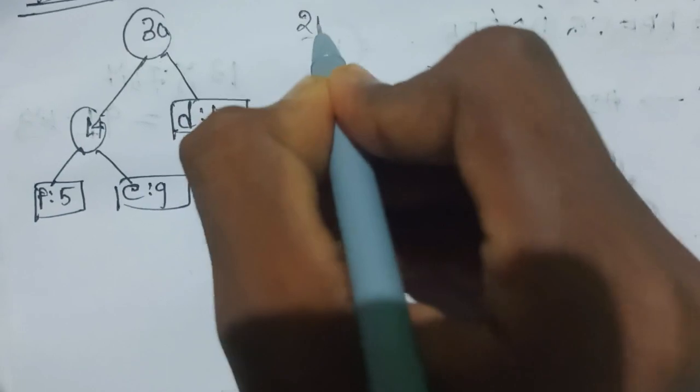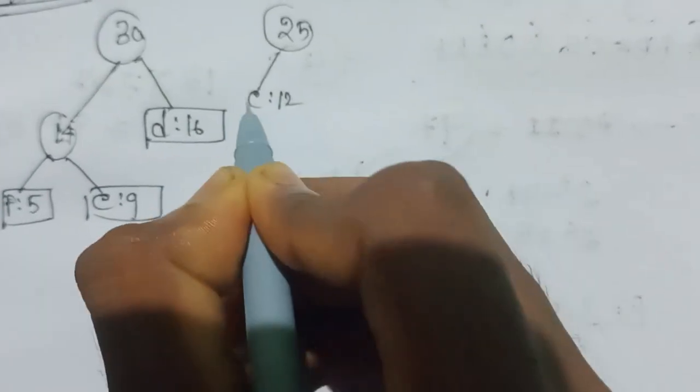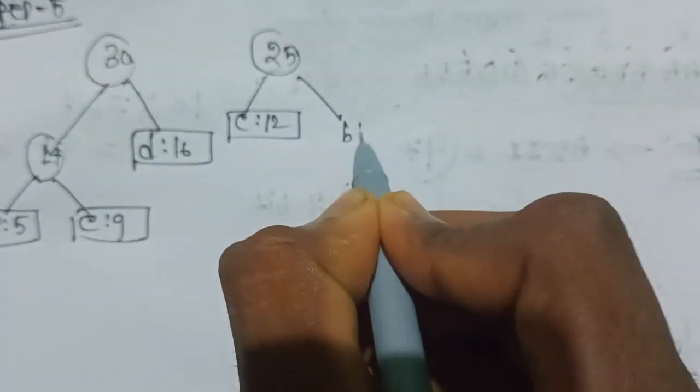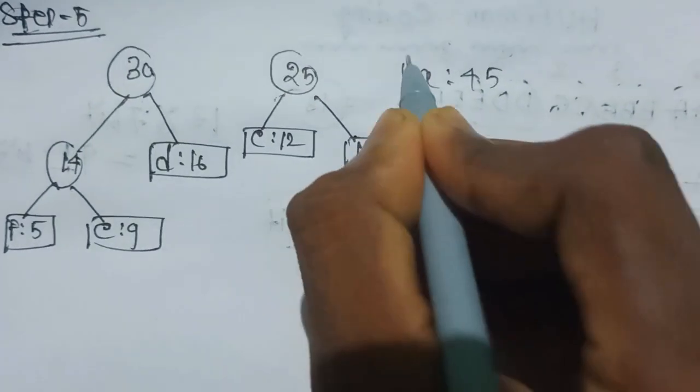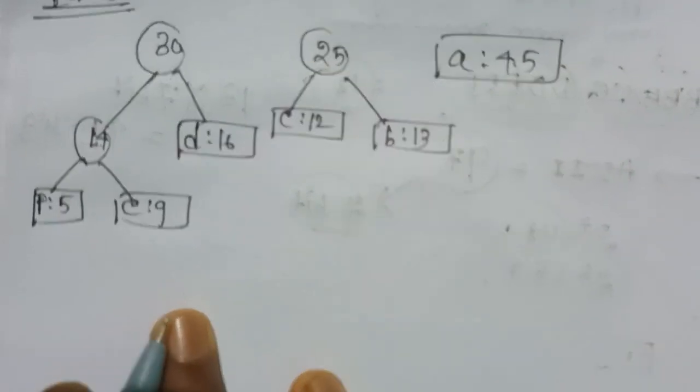Then here comes 25, C12, B13, then A45. Clear? Okay.